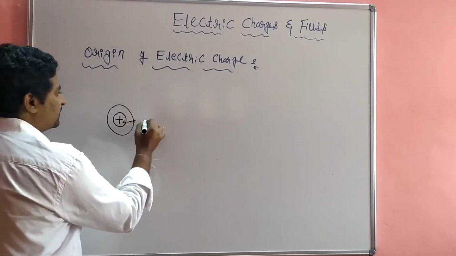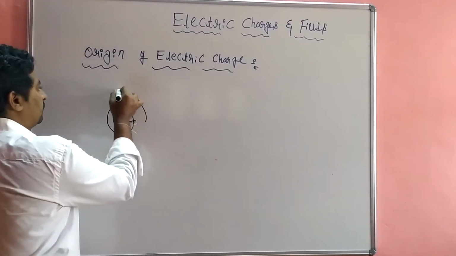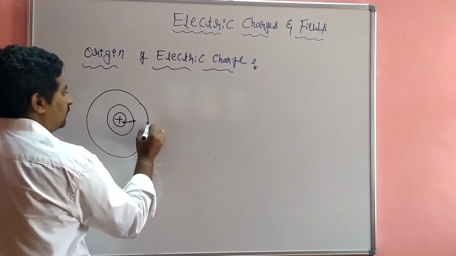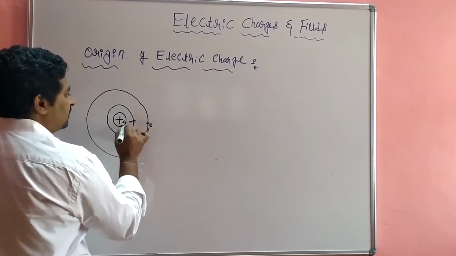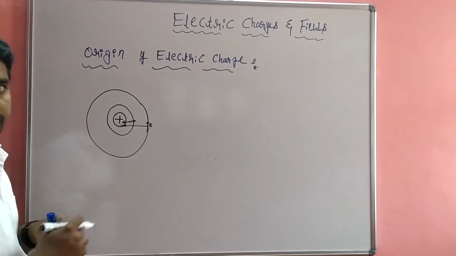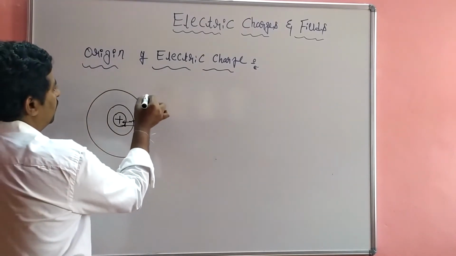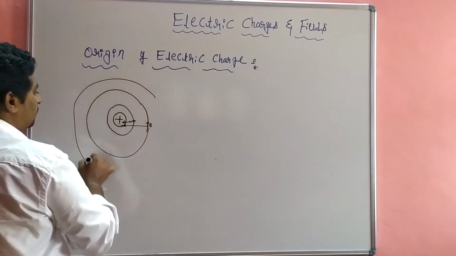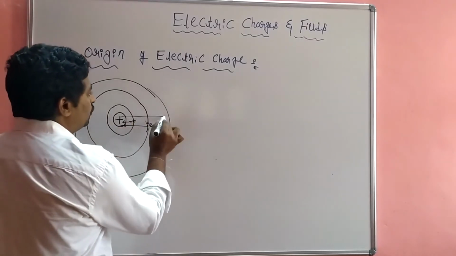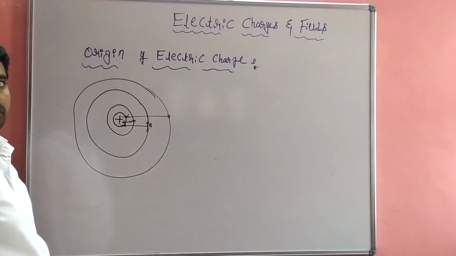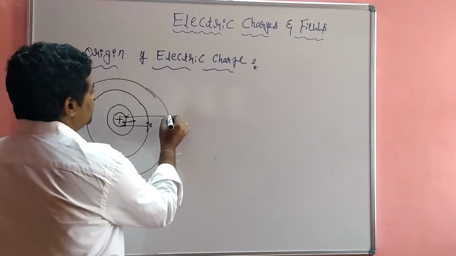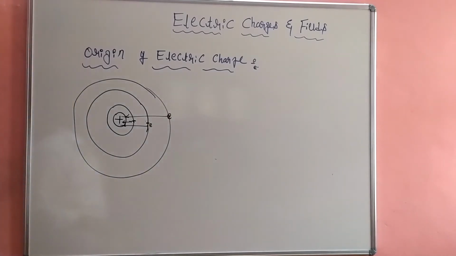Then go to the second orbit. The distance is longer, so the force of attraction is a little smaller. Let's go to the third orbit. The distance is much longer compared to the first and second orbits, so the force of attraction is very negligible.